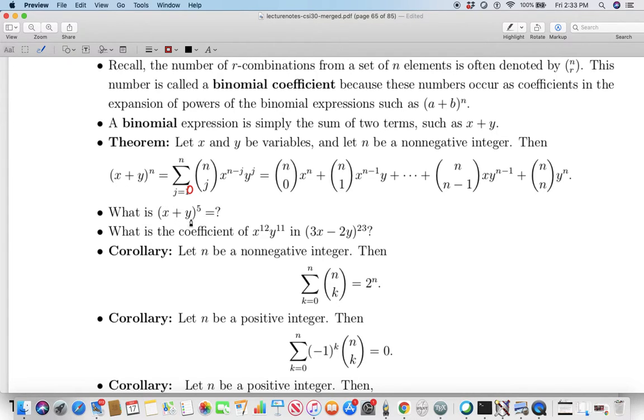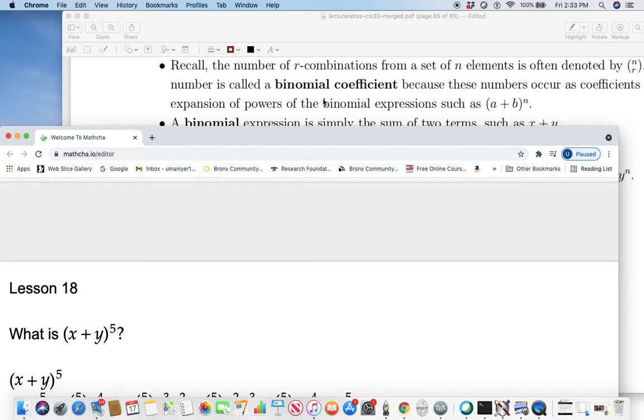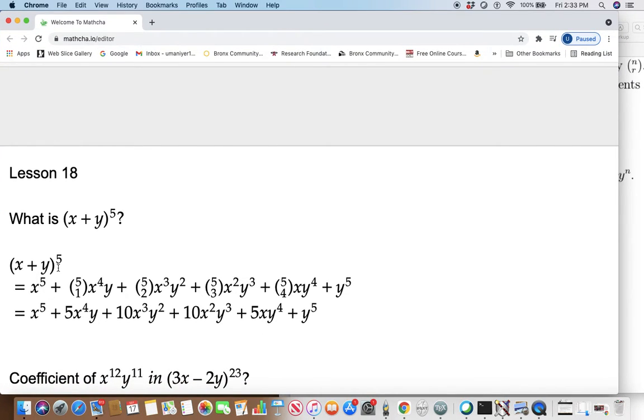What is (x + y)^5 equal to? Well, all we need to do is use this formula. By the binomial expansion formula, it is x^5 plus 5 choose 1 x^4 y plus 5 choose 2 x^3 y^2 plus 5 choose 3 x^2 y^3 plus 5 choose 4 x y^4 plus y^5.